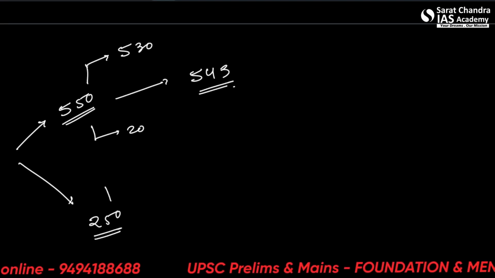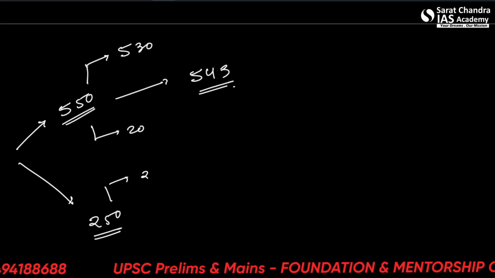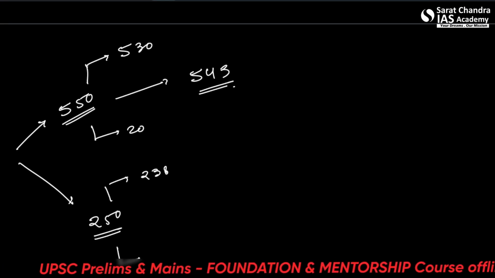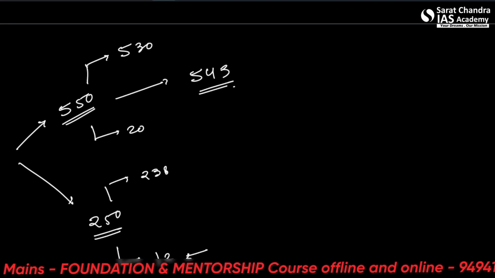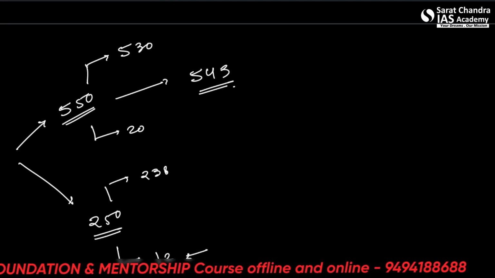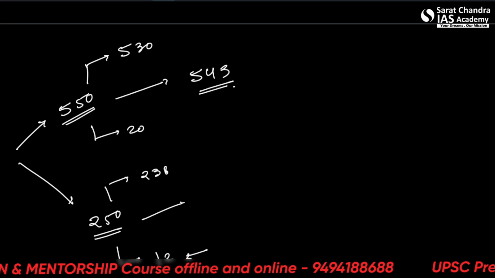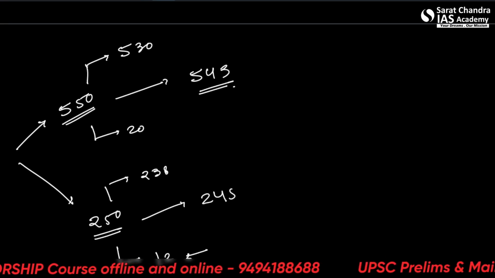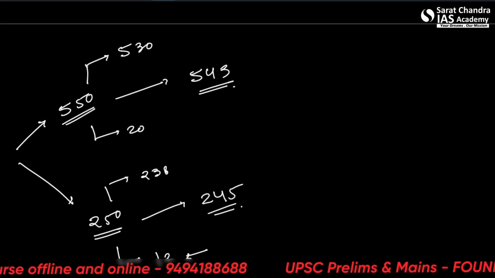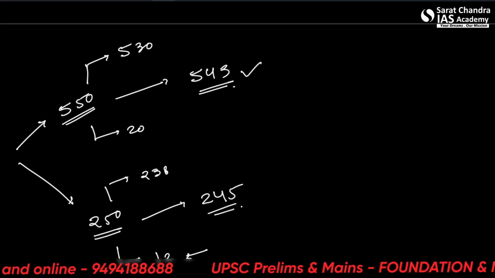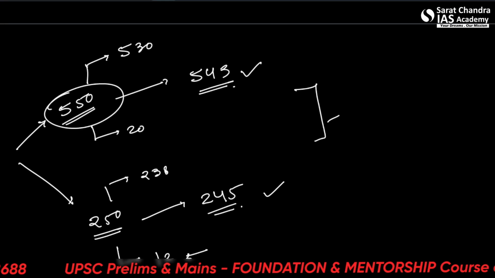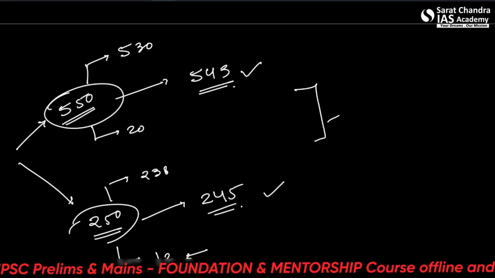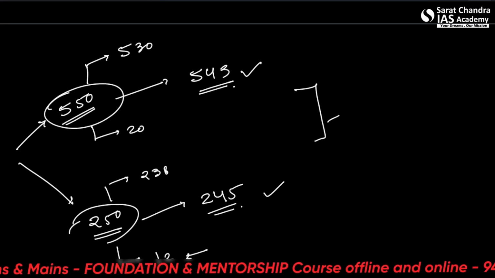Alright, 238 representing states and UT, while 12 should be nominated by the president. So at present, the strength of the Rajya Sabha is 245, whereas the Lok Sabha is 543. So these facts are rather dynamic, don't need to be remembered, but this is stable and because this is coming from the constitution directly, this should be remembered.